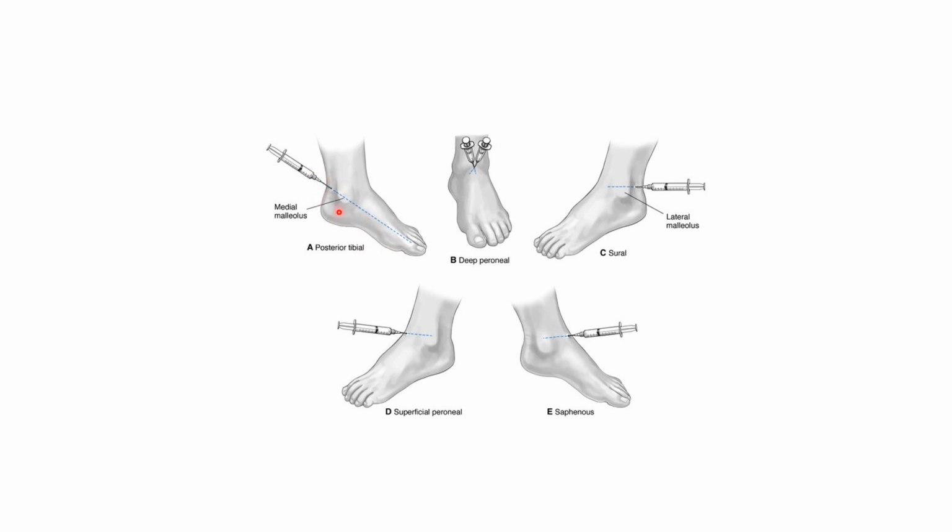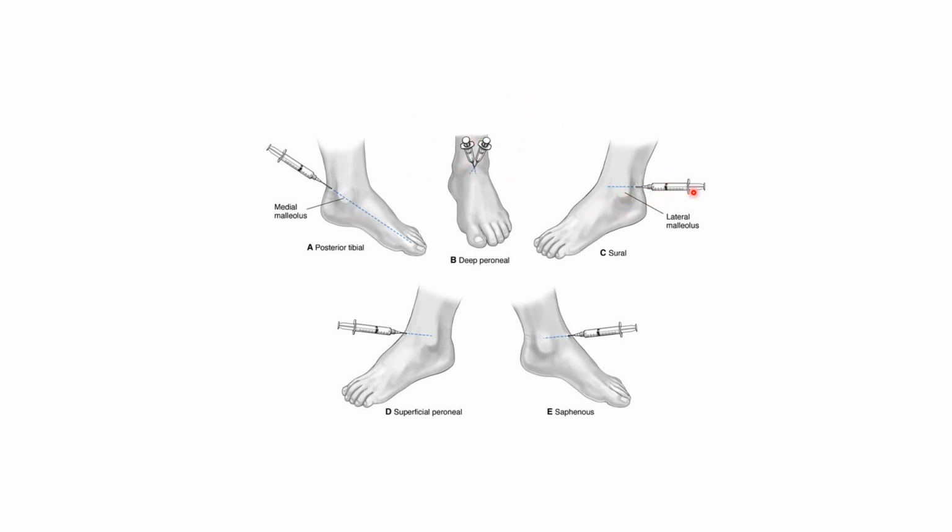Then the deep peroneal nerve, in the anterior aspect of the foot, and its direction is perpendicular to the extensor hallucis longus tendon and tibialis anterior. Okay, this is the direction of the deep peroneal nerve.